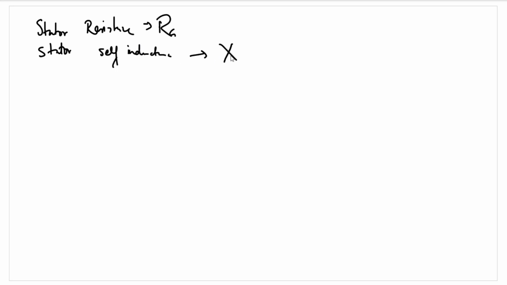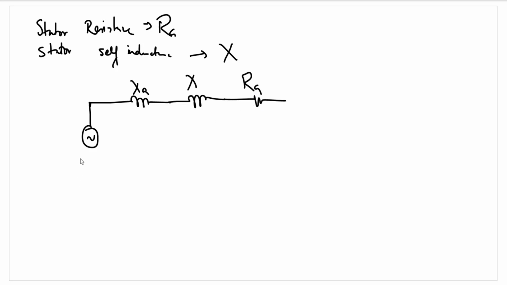Let the reactance because of self-inductance be X. So what we now have is the stator looks something like this. There is the reactance because of the effect of armature reaction. There is a reactance because of the self-inductance of this coil. There is the armature resistance.